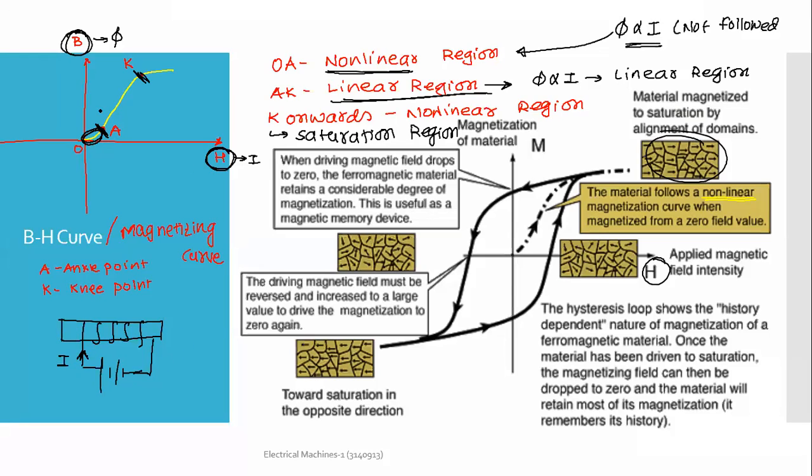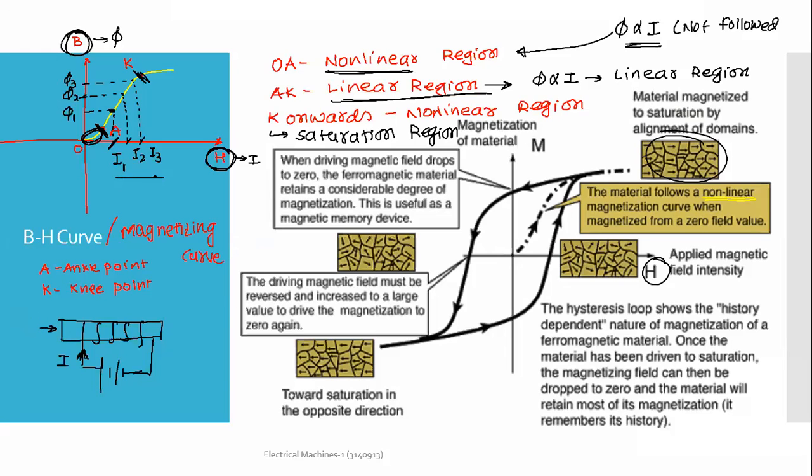For example, if this is the flux set up in the core due to this current through the coil, and now I increase the current to, let's say, I2, the flux set up will also increase to the phi 2 level. If I further increase the current, let's say I3, then the flux set up in the core is phi 3. We are talking about the flux set up in the core here.